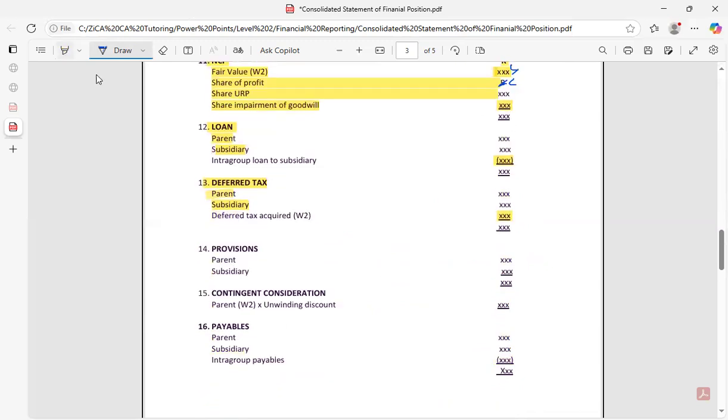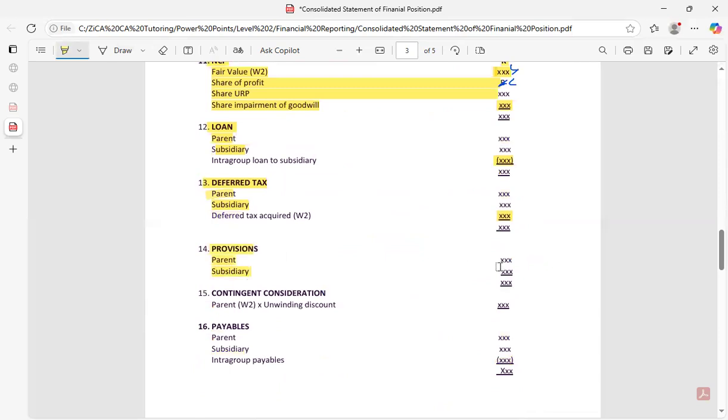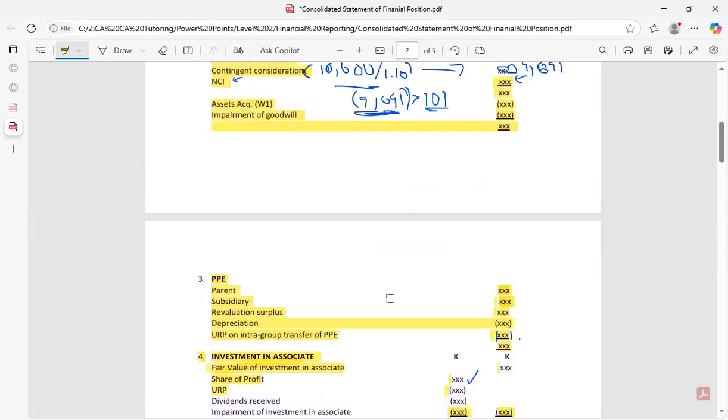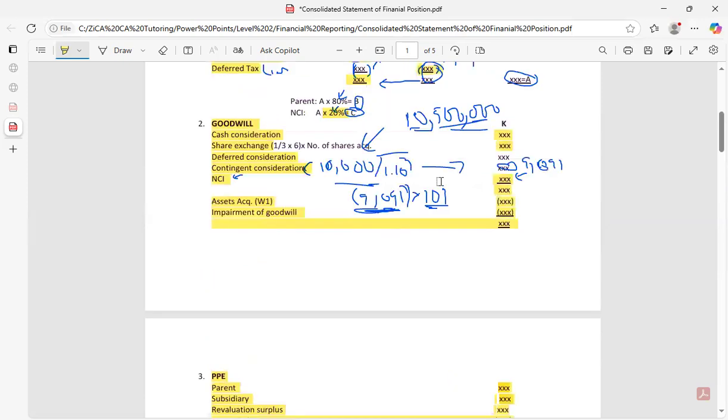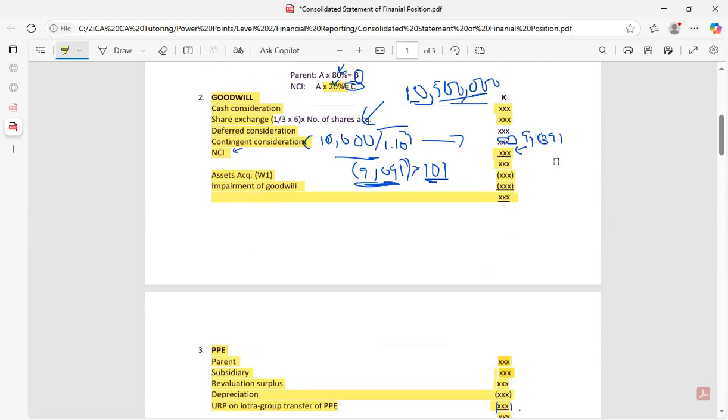And then if you've got any provisions, you include those provisions. And then contingent liability, you bring it, but you have to get the full contingent liability, right? So you get the figure that you have for more goodwill, which is 909, for example. And then you add the unwinding discount.